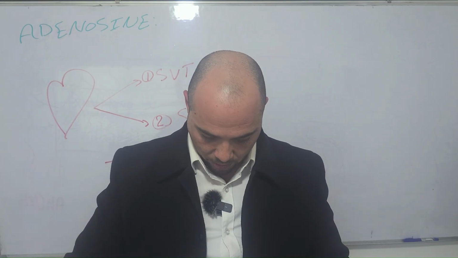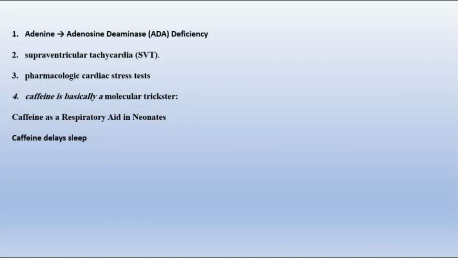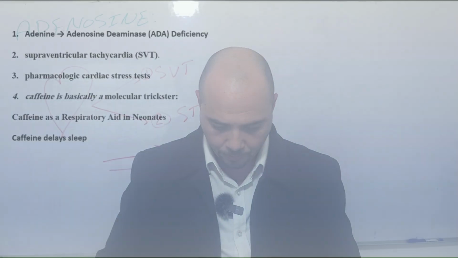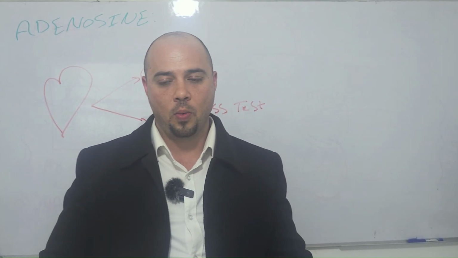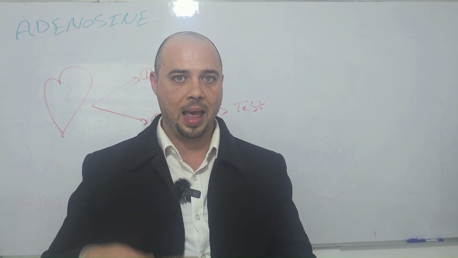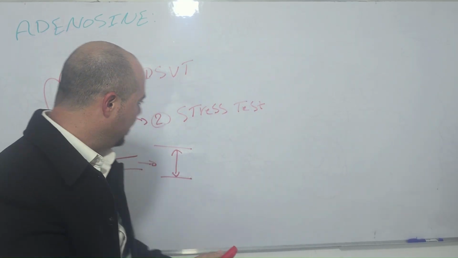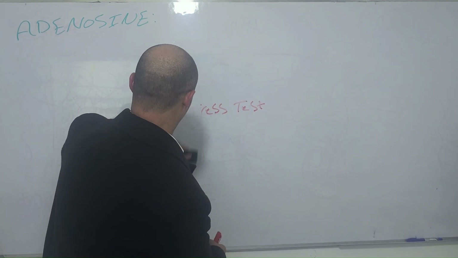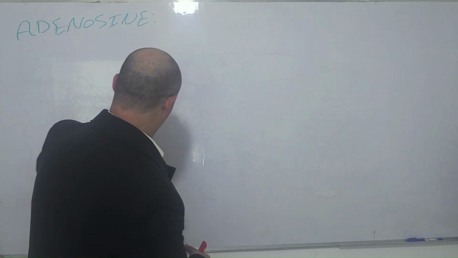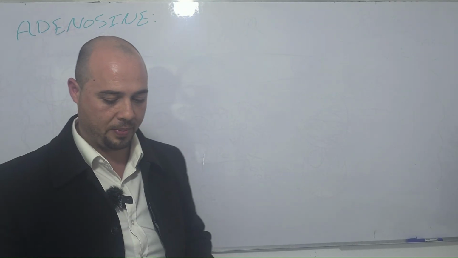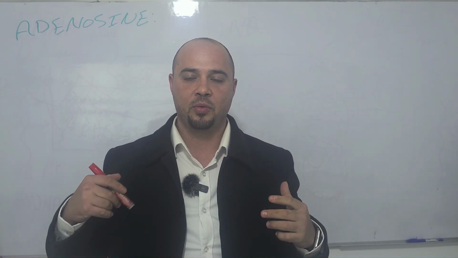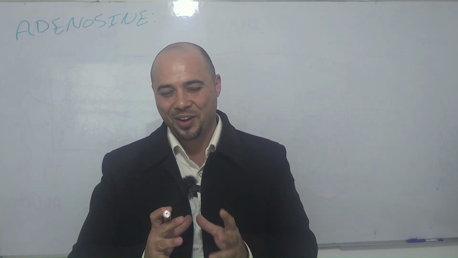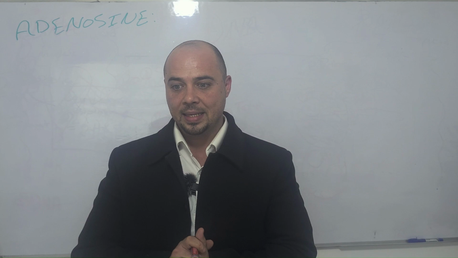Point number 4. Okay, so first of all, apnea of the newborn, right? What happens is that some premature babies, right? In premature babies, the respiratory centers and brainstem, they're not really well developed, right?